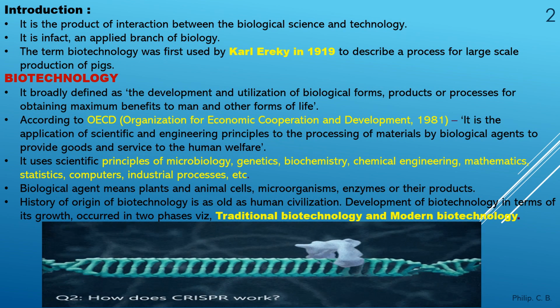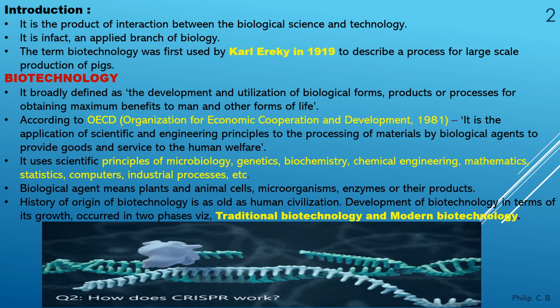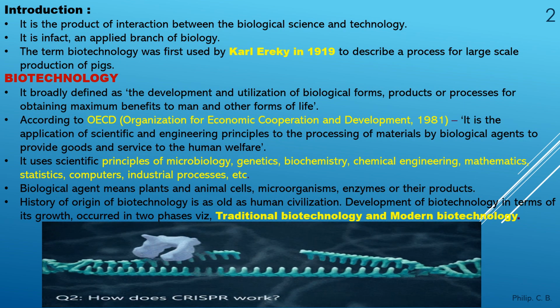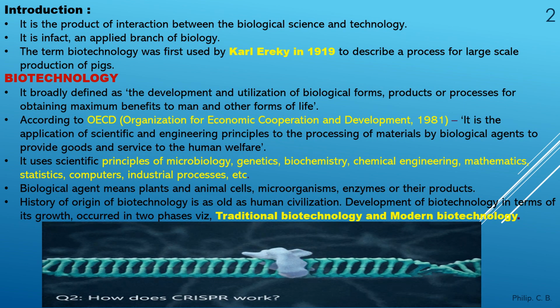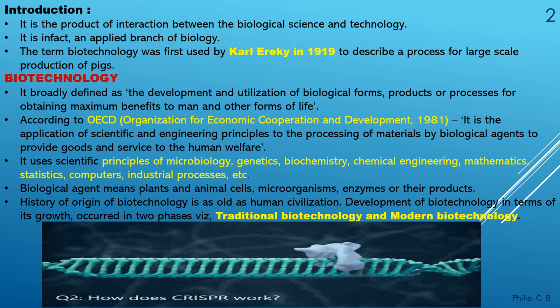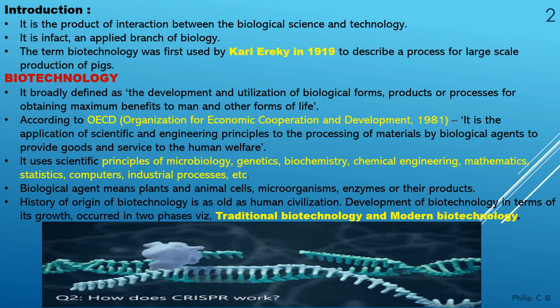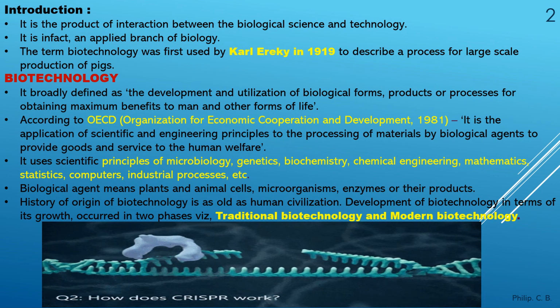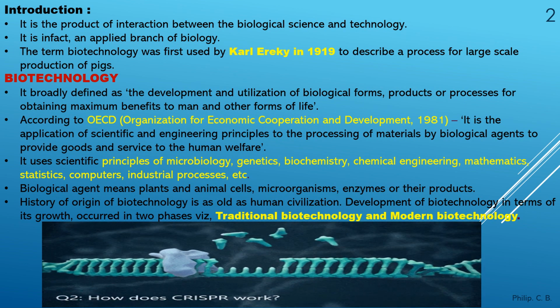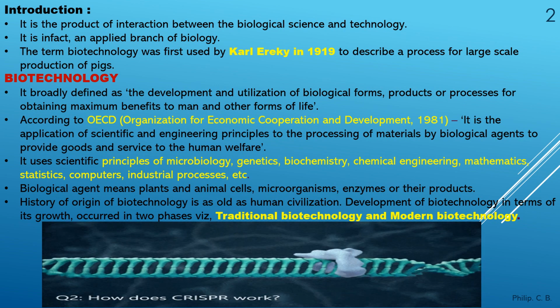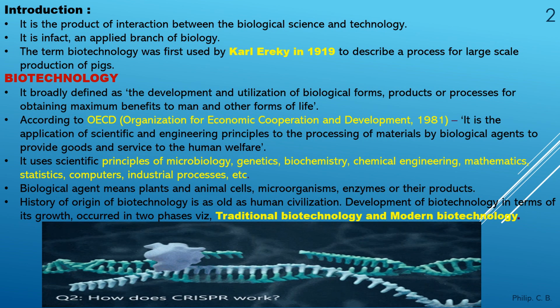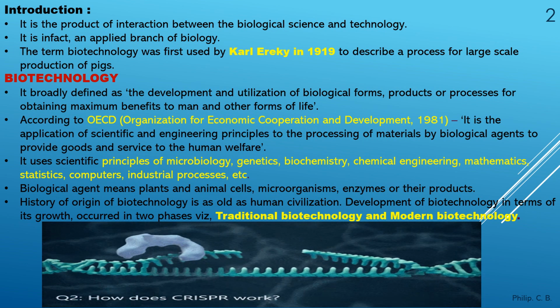Only thing is we did not know what form of technology is being used, what scientific process is going on. Now as we come to know about the detail, we can call it traditional biotechnology, as we can say homemade methods, and modern biotechnology using the techniques or modern forms, or using all the principles of engineering, etc.